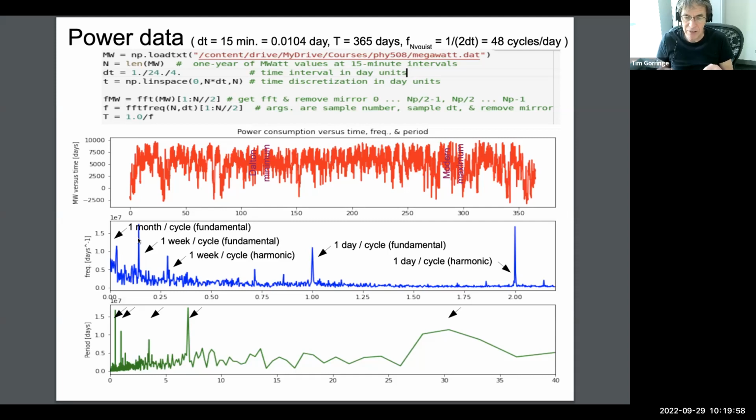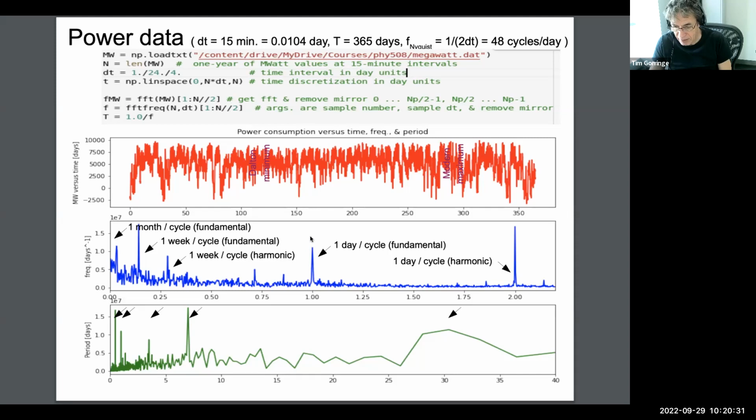But the daily dependence and the weekly dependence are periodic, but not likely to be sine waves or cosine waves or sinusoidal. So if they're just periodic but not sine or cosine waves, we expect to see higher harmonics that reflect the true nature of the periodicity. And so we see that for both the fundamental frequency of one cycle a day and the fundamental cycle of one cycle per week.